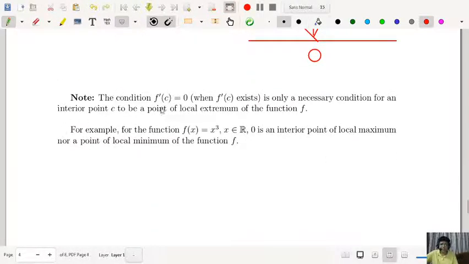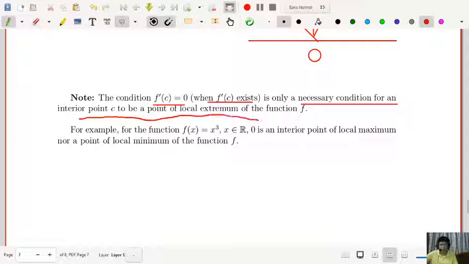Next, the condition f dash c equal to 0 when f dash c exists is only a necessary condition, as already mentioned, for an interior point C to be a point of local extremum. Extremum means maximum or minimum.